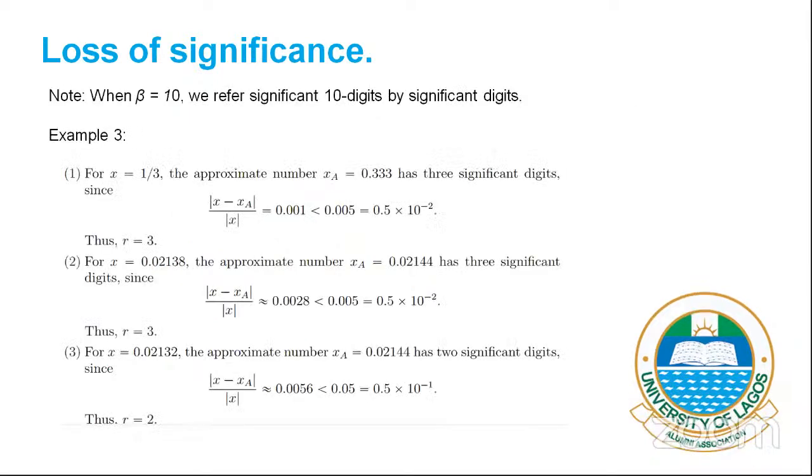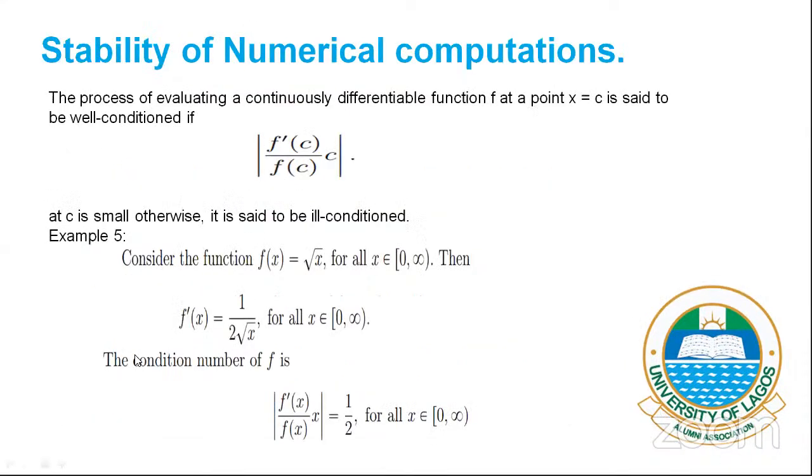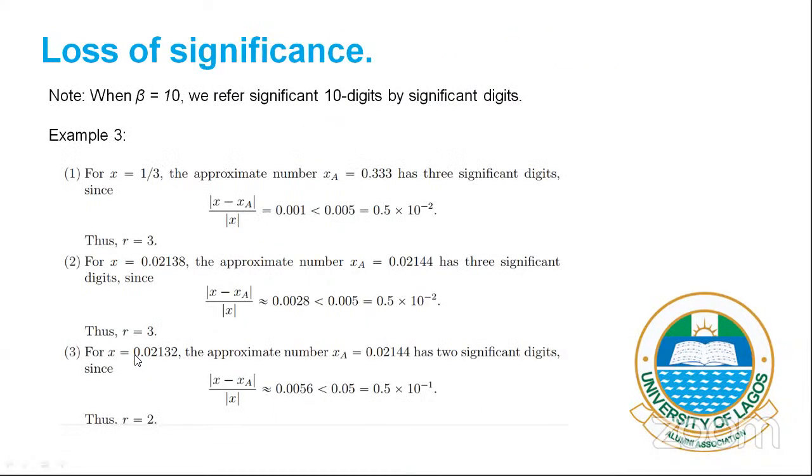Now, when the radix, I call it beta, is equal to 10, we refer to significant decimal digits. In this example, x is equal to 1 over 3. The approximate number, which is the estimated or numerical solution, is 0.33, with 3 significant digits. We already know the formula, so we just plug in the figures we are given.